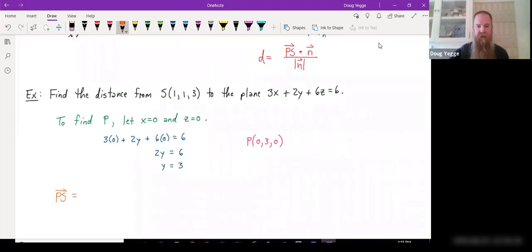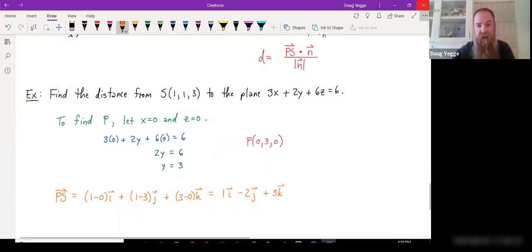All right, so the vector PS is going to be 1 minus 0 in the i direction. Going to be 1 minus 3 in the j direction. And it's going to be 3 minus 0 in the k direction, which gives me the vector 1i minus 2j plus 3k.